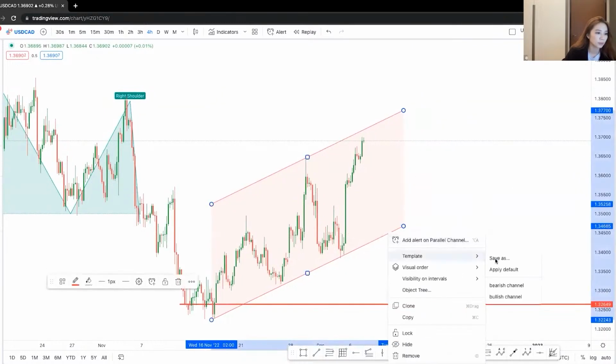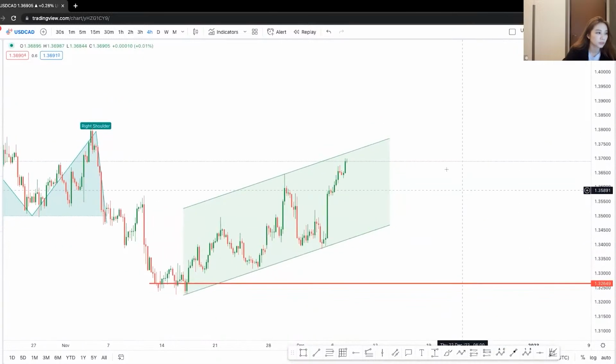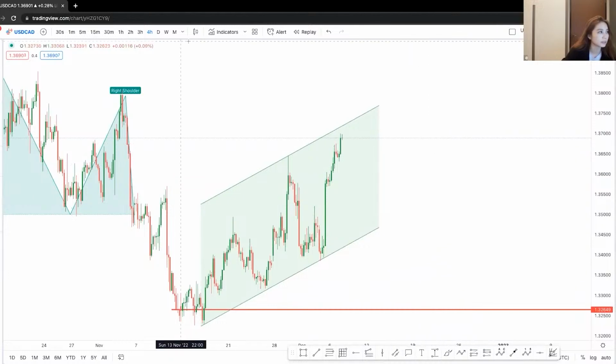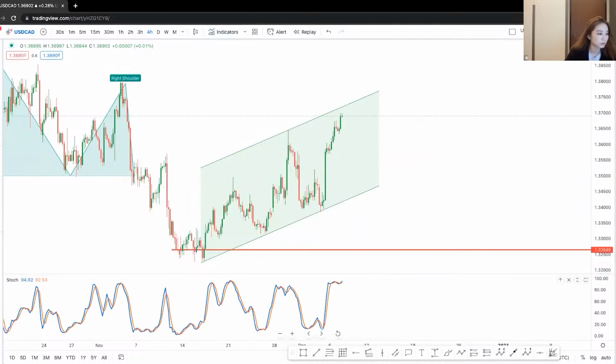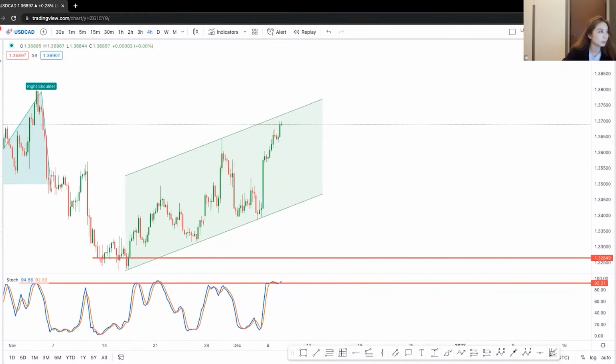There's an upward moving channel. There's a chance that it would drop down with the exhaustion of the stochastics as well. Yep, very high in resistance level already. I'm looking at a potential downward movement.